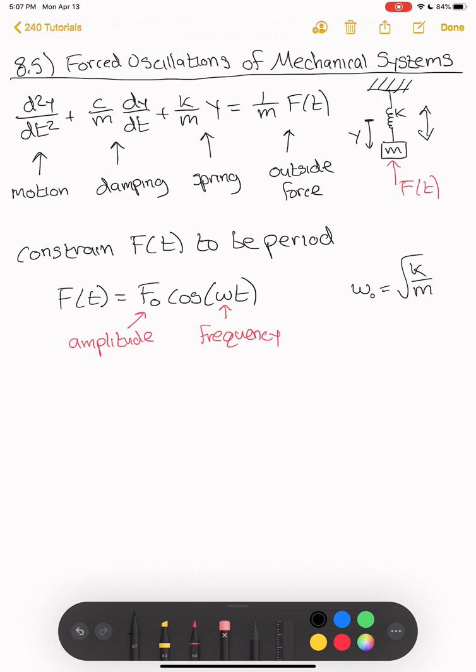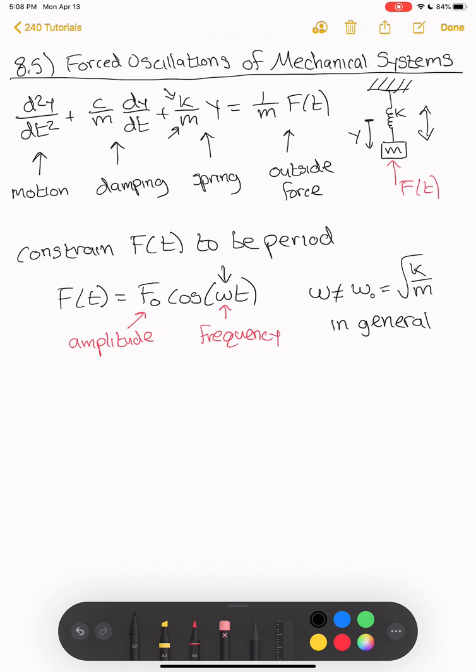But what we need to be very confident of here is that omega in this force oscillating term is not necessarily equal to omega naught. In general, omega and omega naught are different. They come from different things. This k and the m come from the system itself, the spring and the mass itself.